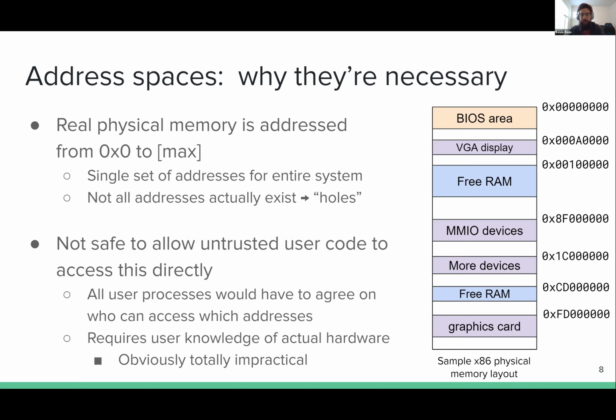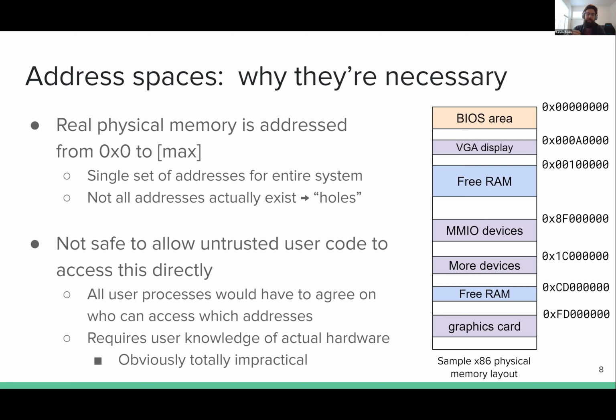First, all processes would have to agree on who has access to which addresses. For example, if you only had RAM from hex 10,000 to hex 100,000 or something, when you're building the executable for your user program, you'd have to say, I'm going to use hex 20,000 to 30,000, and nobody else can use that. That's obviously completely impractical, right?